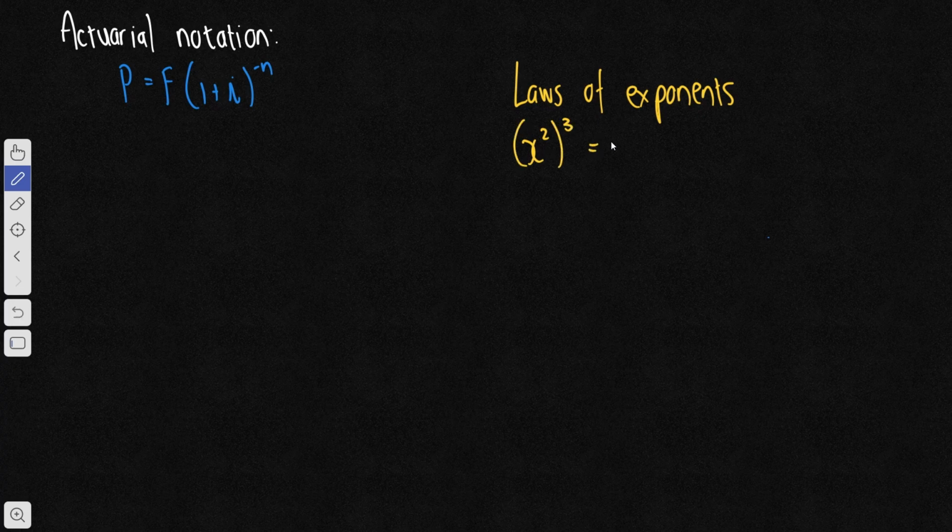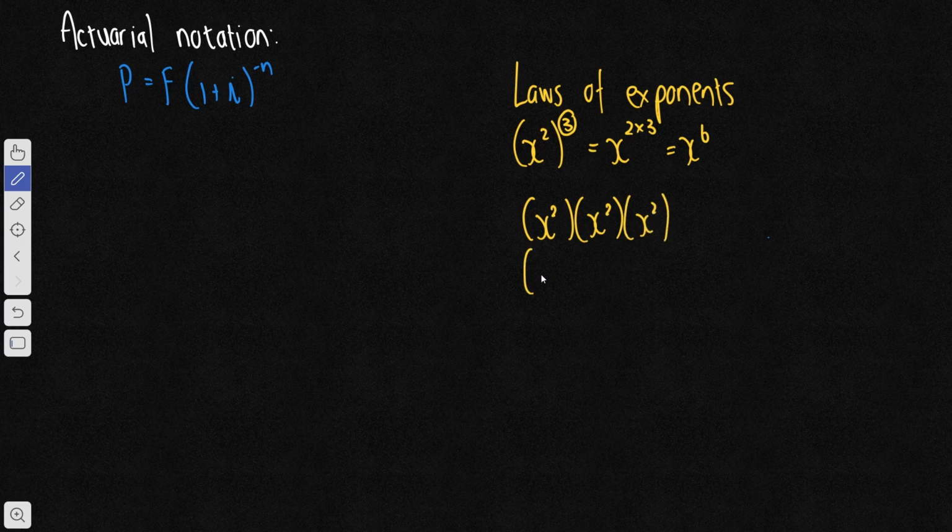Now in this example, we need to multiply the two exponents, and that is equal to x to the power 6. Now to see why this works, remember that when we have a power, it is simply an instruction to multiply a number by itself x times. So in this scenario, we are saying take x squared and multiply by itself 3 times.